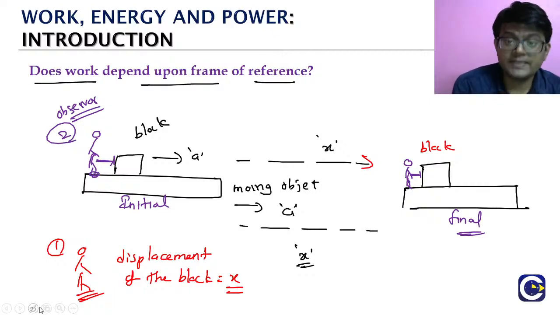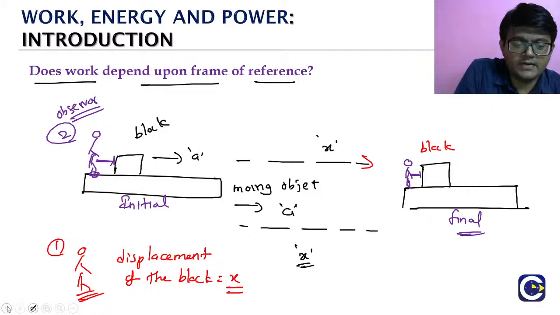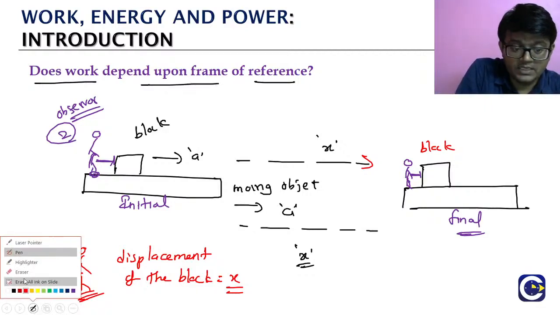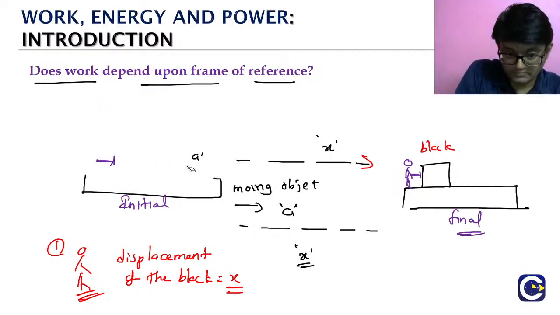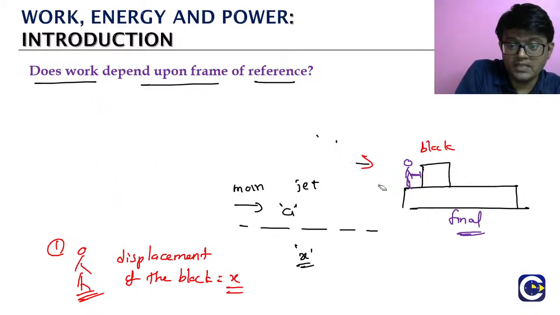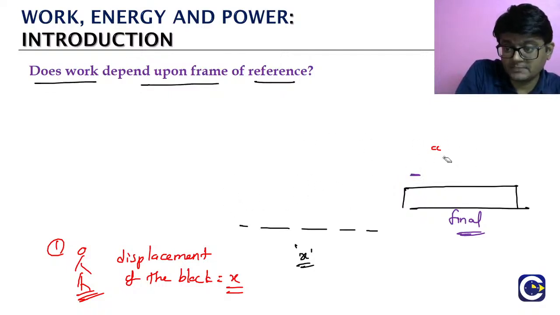Acceleration depends on the observer. So the work is also going to depend upon the observer, because work is related to displacement. Since displacement depends upon the observer, work also will depend upon who is the observer. This is a very important theoretical concept.